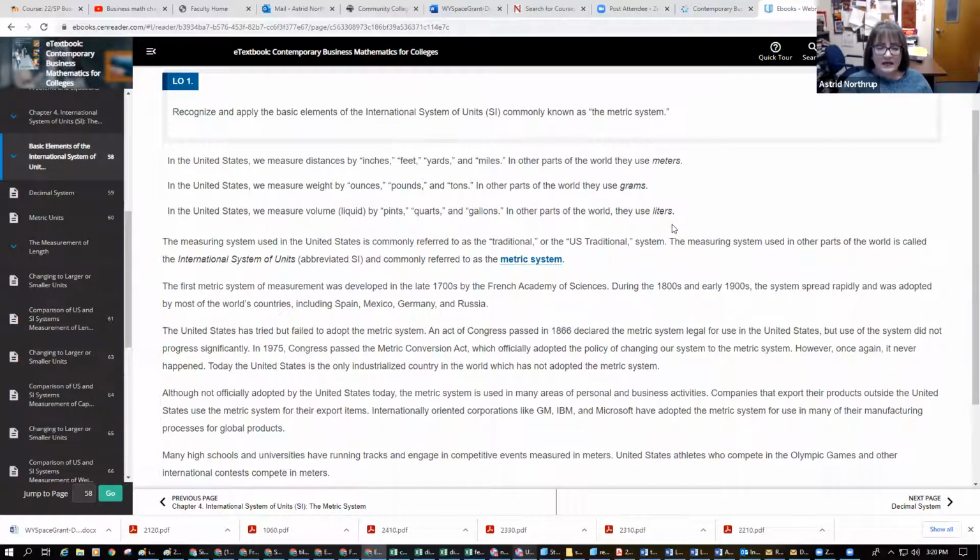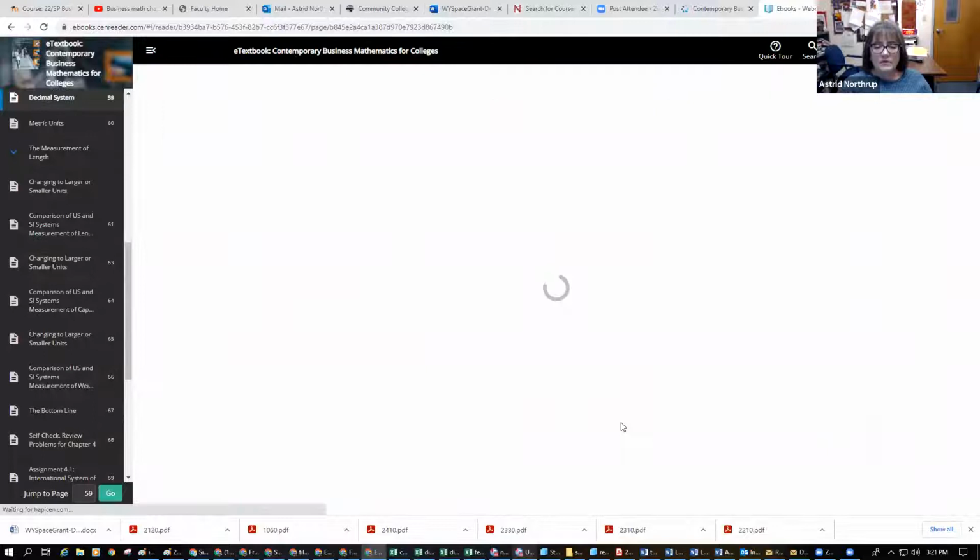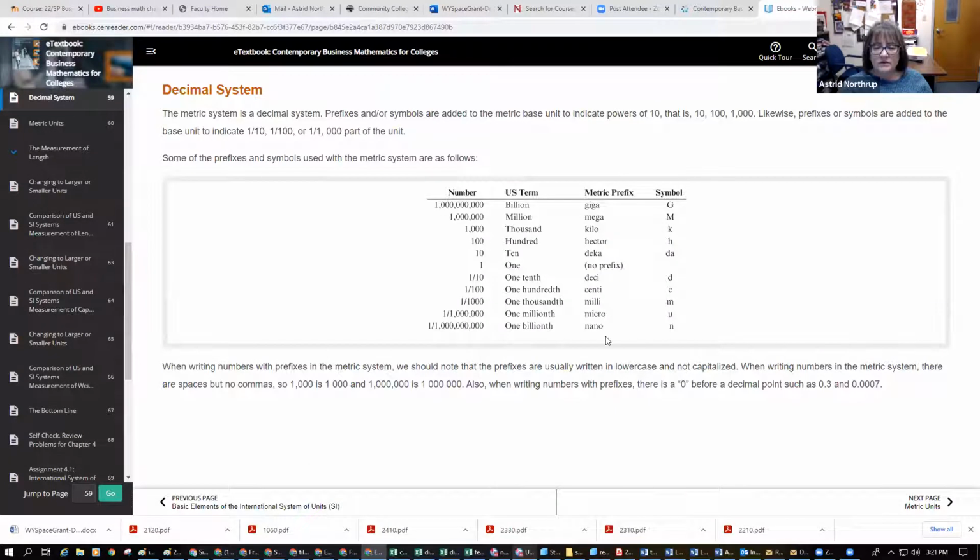Now, with the metric system, when we talk about those base units, in other words liter, gram, meter, we put a prefix in front of it that means powers of 10. If you use the prefix deci, it's 1/10. So a deciliter is 1/10 of a liter, a decimeter is 1/10 of a meter, and a decigram is 1/10 of a gram, and so on.